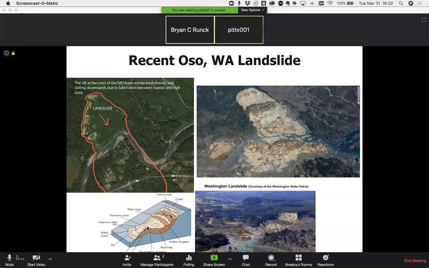And it not only caused destruction of the material in the landscape immediately downslope from the slide itself, but it sent material across an adjacent river and created a dam on that river. So it created a new reservoir behind the landslide.